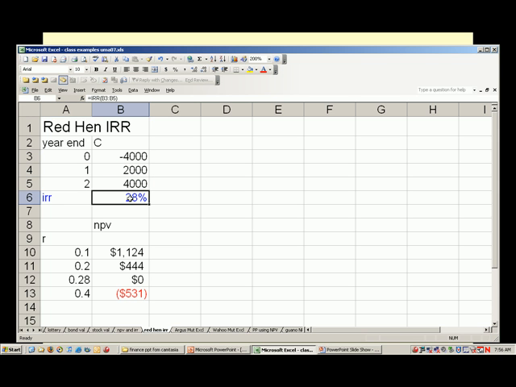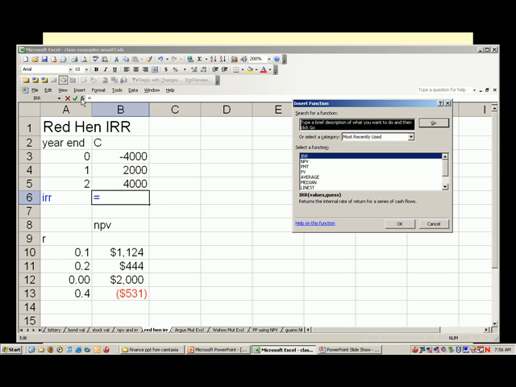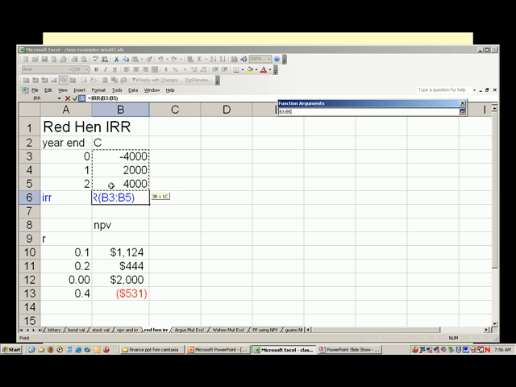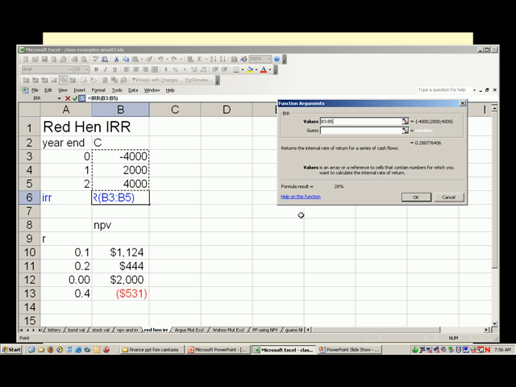Just for practice, let's see how I calculated that 28%. Once again, we go up to the function wizard, find the IRR function, bring it in, highlight the cash flows starting in year 0 and going out to the term of the project, and say OK.